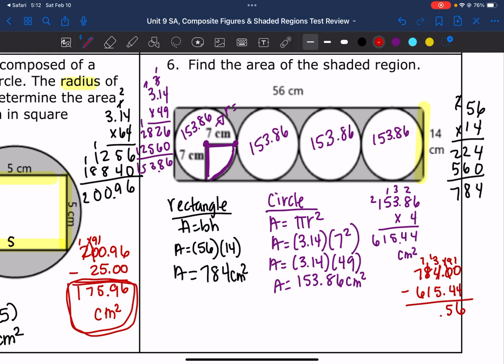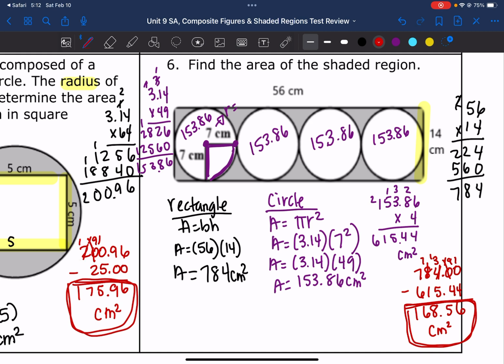And now we have 13 minus 5, and that is going to be 8. 7 minus 1 is 6. 7 minus 6 is 1. So we get 168.56 centimeters squared as our final answer.